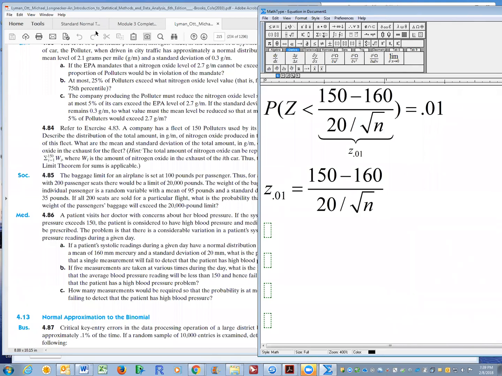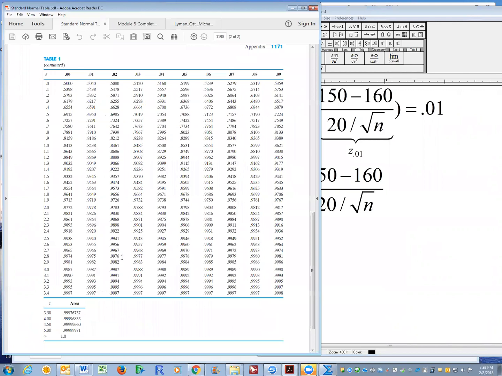So you go to your table there and you look for 0.99 in the meat of the chart. Try to get as close to 0.99 as you can. I think this is the closest one, right? Yes.